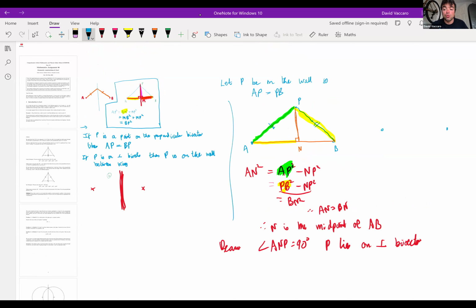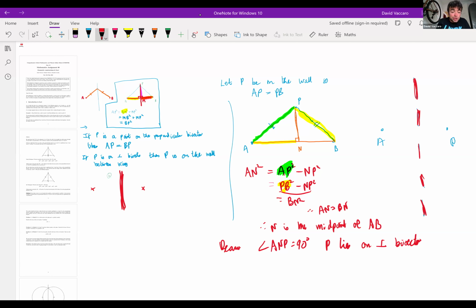But the argument on the right on its own does not show that there are not gaps in the wall. So the argument on the right only shows that the wall is potentially a subset of points on the perpendicular bisector, but doesn't prove that every point on the perpendicular bisector is on the wall.